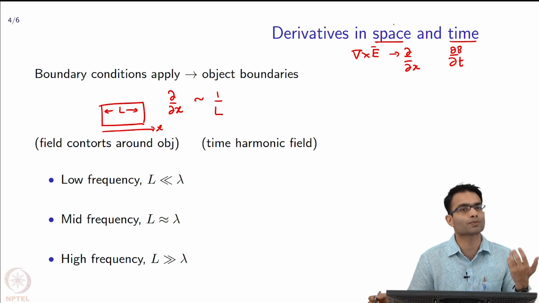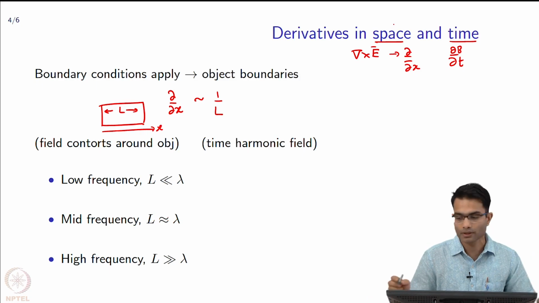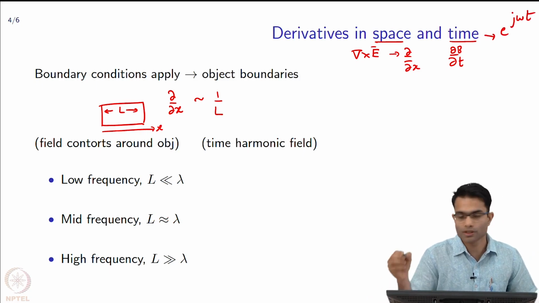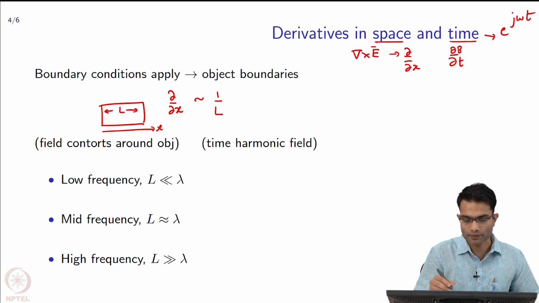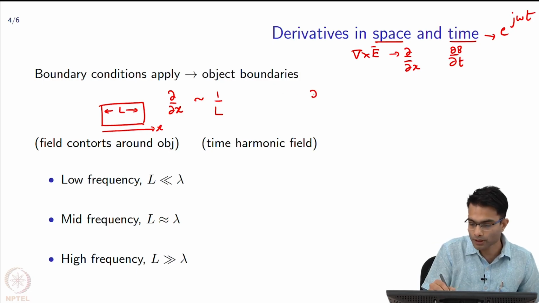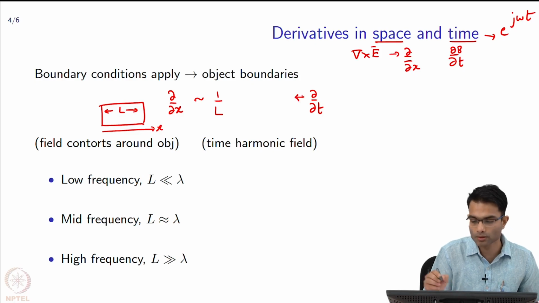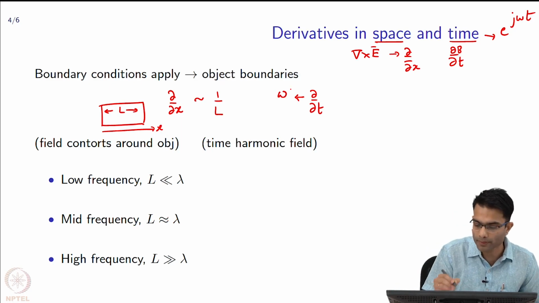Once I understand the response of the system to e to the j omega t, I basically understand everything, right? So when I take the time derivative of e to the j omega t, what do I get? If I say d by dt, what should I get? j omega. Forget j, it is a constant, so I am going to get omega.